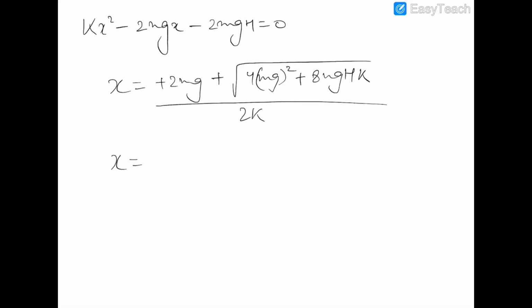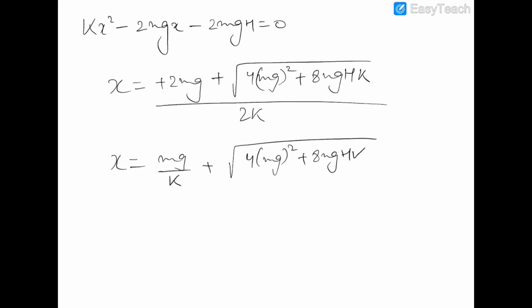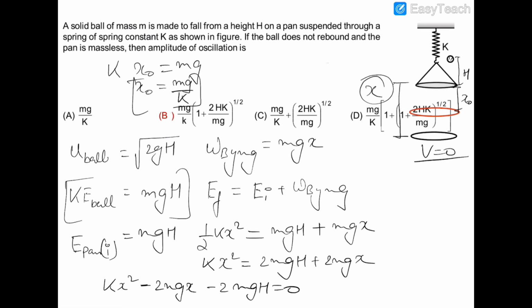Therefore x will be equal to 2mg by 2k, which is mg by k, plus under root of 4mg square plus 8mghk divided by 2k.